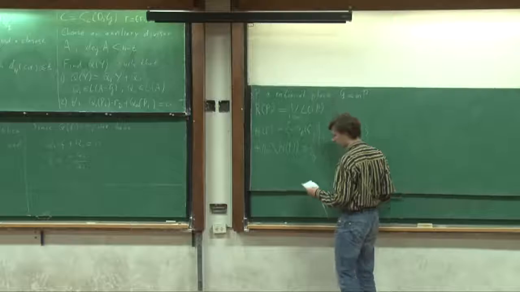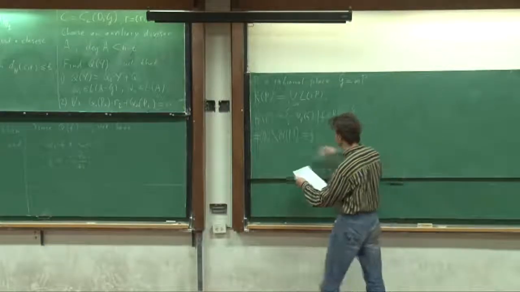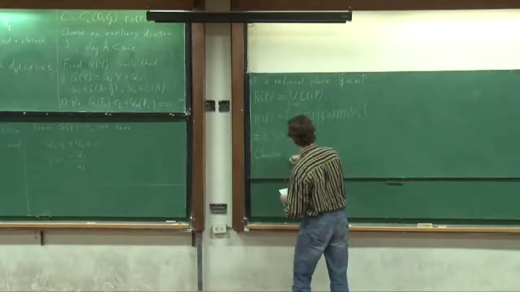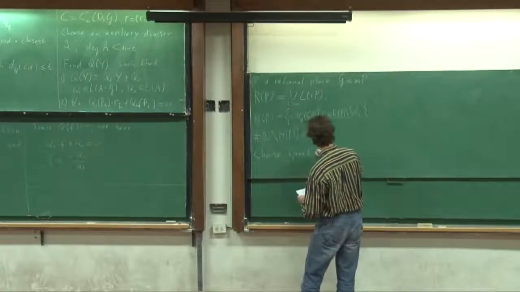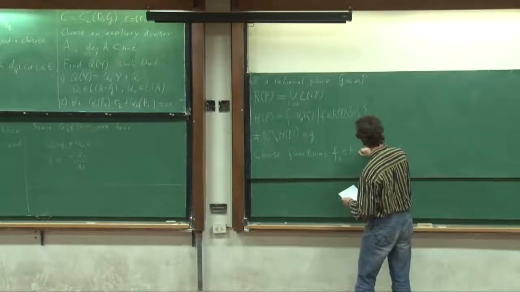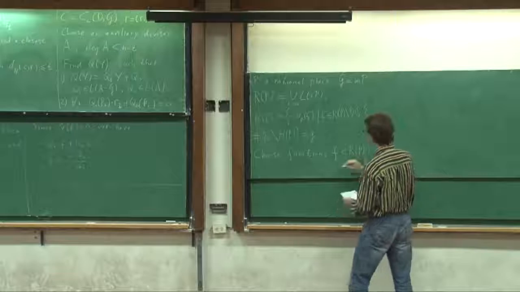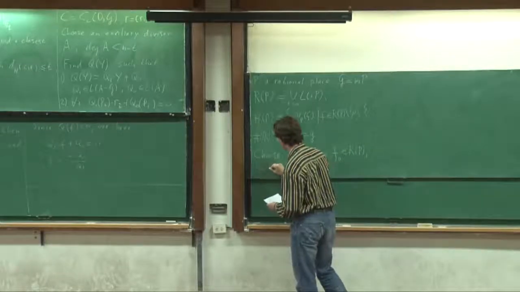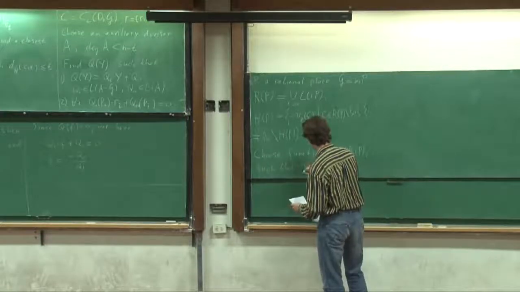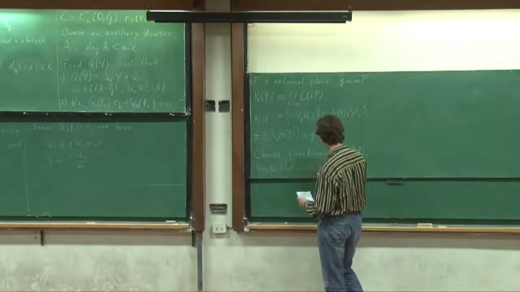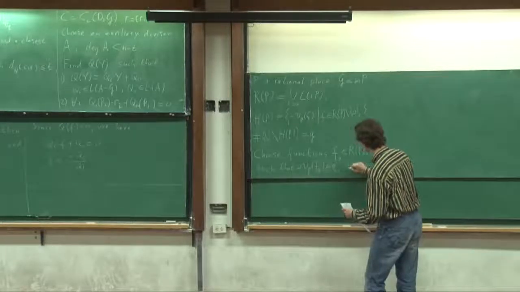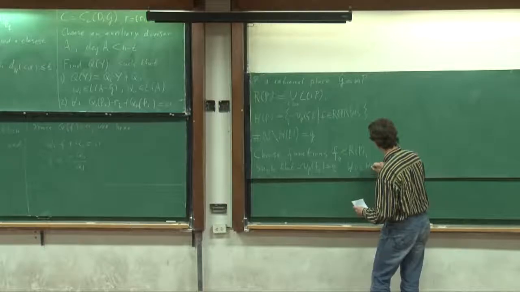Now to add a little bit to the notation we had, last time I chose functions f_rho from this ring such that minus the valuation of f_rho at P is indeed rho. I want to do this for all elements in the semigroup.